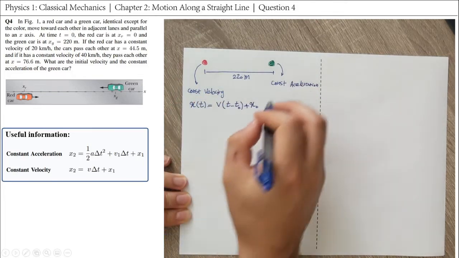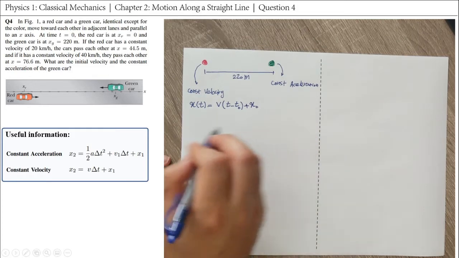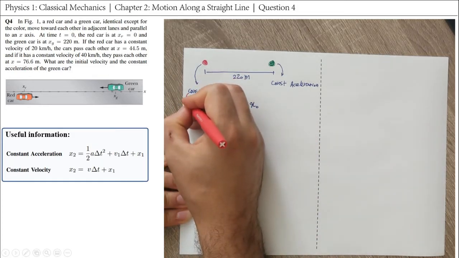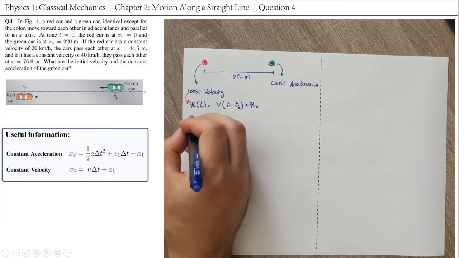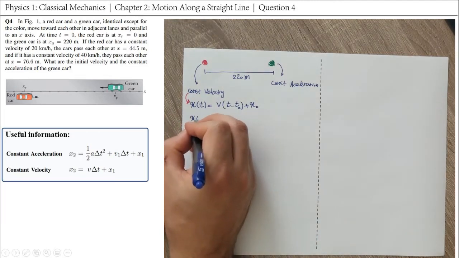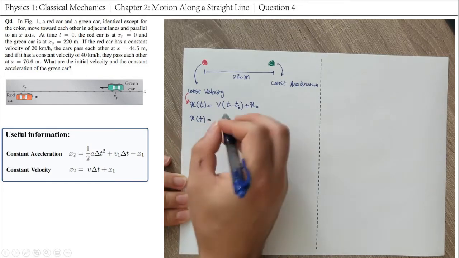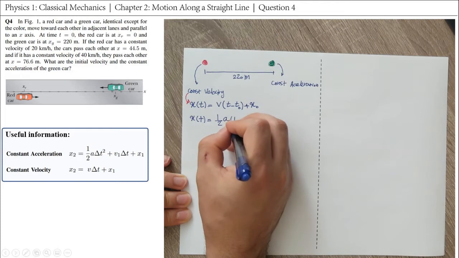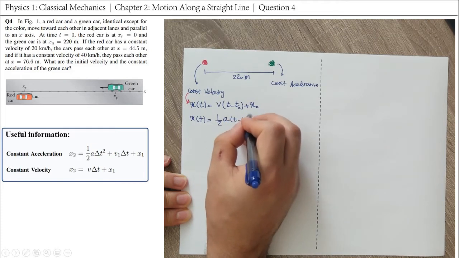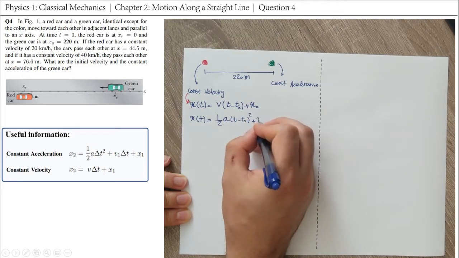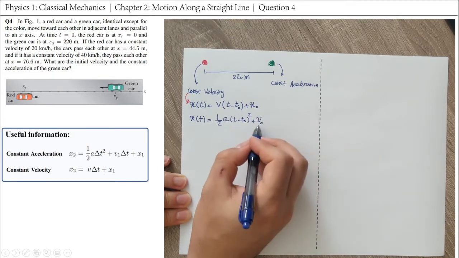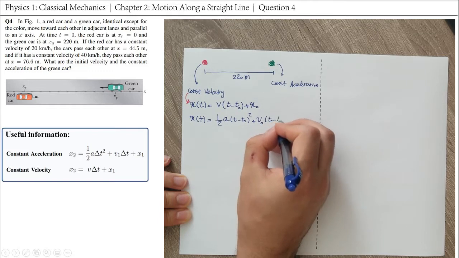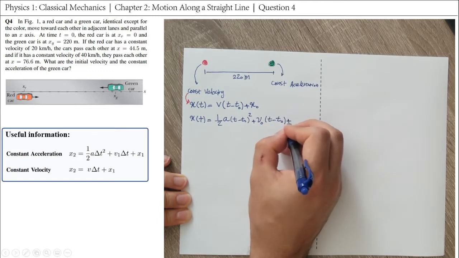For the constant acceleration, what do we know? So this was for the constant velocity. We have this, and for constant acceleration, the equation becomes x of t equals 1/2 acceleration times t minus t naught squared, plus v naught, meaning the velocity in its initial condition, initial time, times t minus t naught, plus x naught.